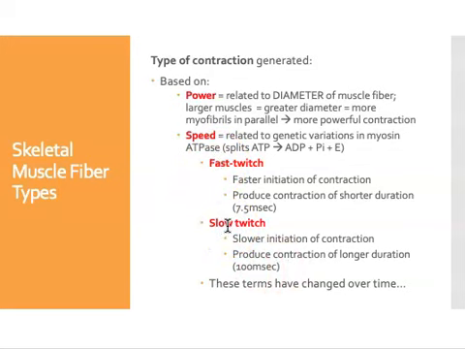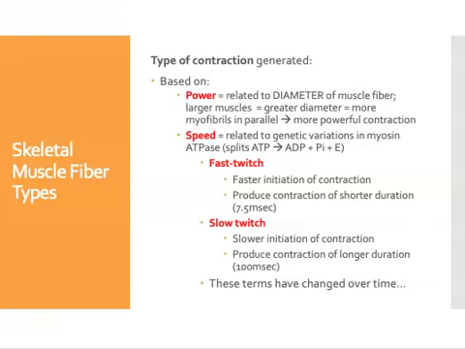Now, years ago, when we were first learning the physiology of muscle, these were the only two types of muscle fibers that we described. We talked about fast twitch and slow twitch fibers, but those were the only differences that we really appreciated between different muscle fibers.